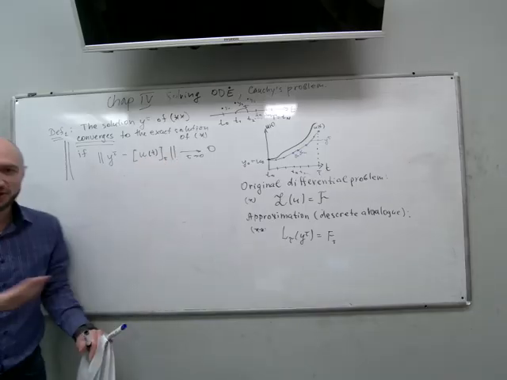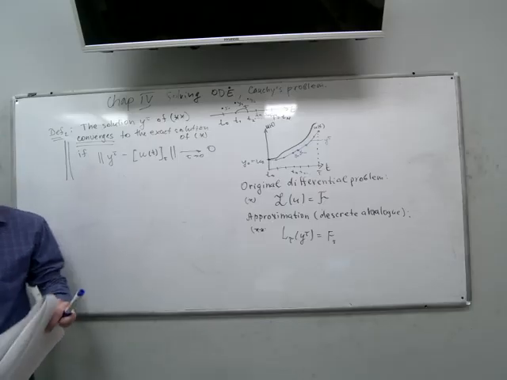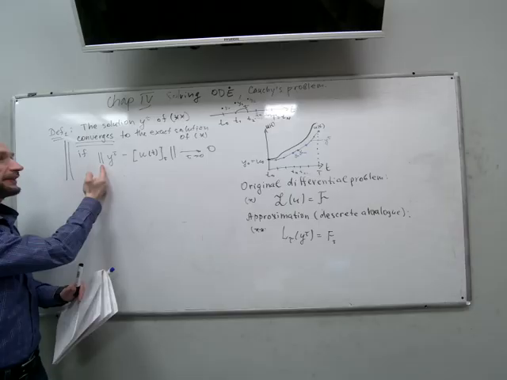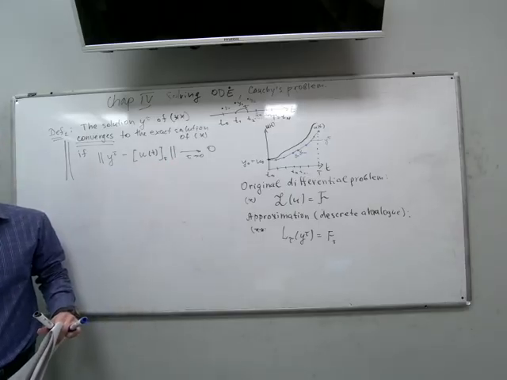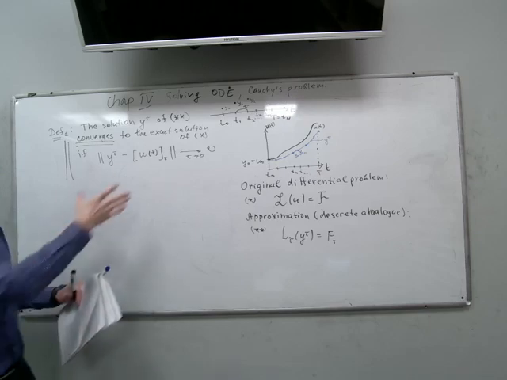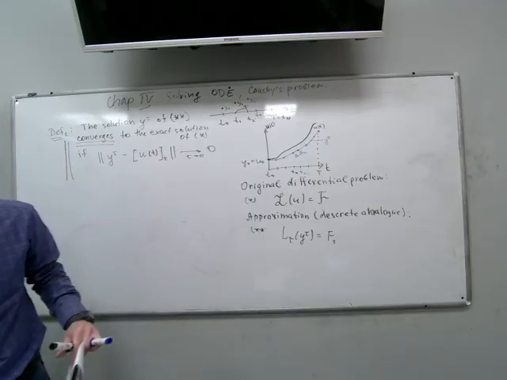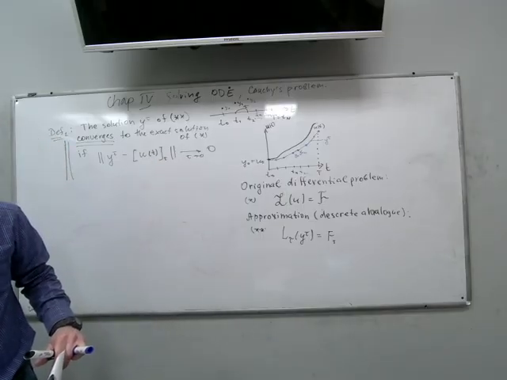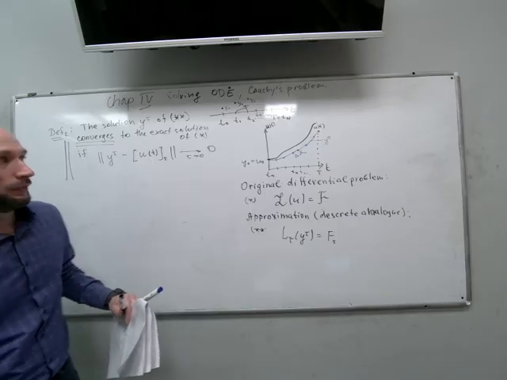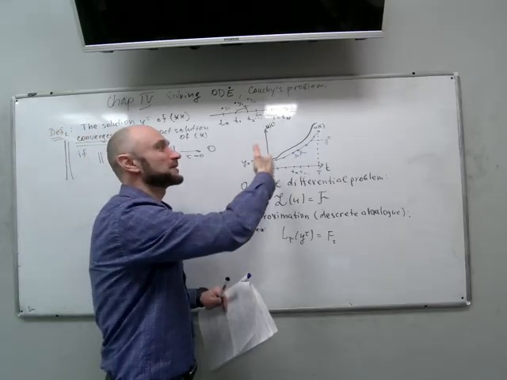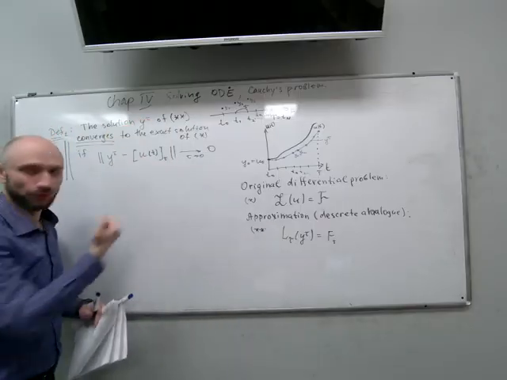Can you sit down and write a program to calculate the value of this norm? Because we need to be able to calculate this norm if we want to check whether it converges to zero or not, right? You can explain on this plot how you would calculate the norm.